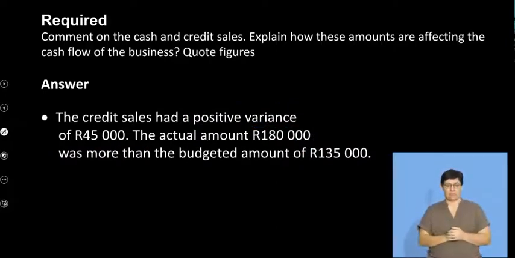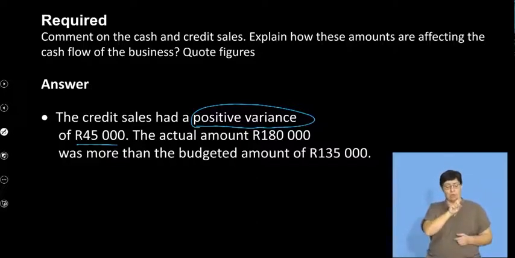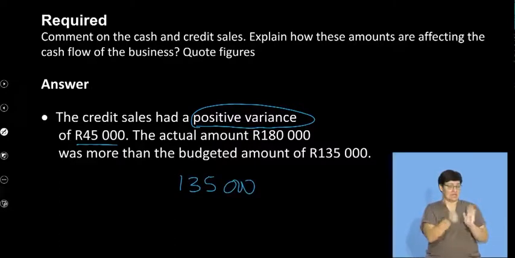Okay. The credit sales, on the other hand, had a positive variance of 45,000 Rand. What does it mean? It means that the actual amount was 180,000. Your budgeted was 135,000. That's what you budgeted for your credit sales.